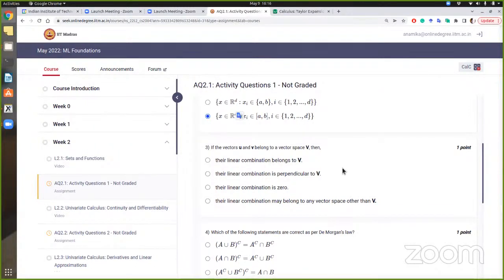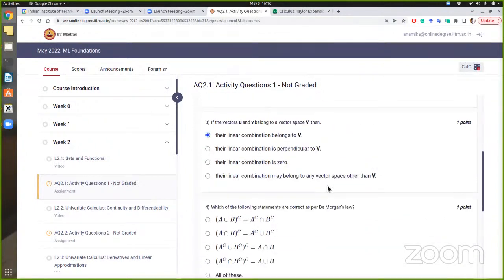And what could be the linear combination? Alpha U plus beta V. Correct. So we are adding as well as multiplying a vector by a scalar. Any number of operations of these two types we perform, the resultant vector will also be in the vector space. That's the property of vector space. So the first option should be the correct one.